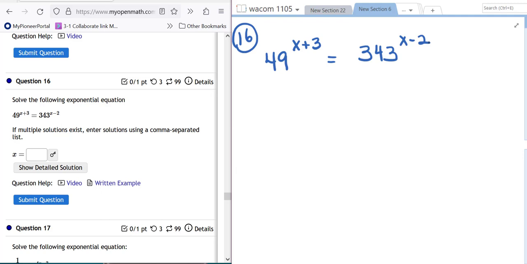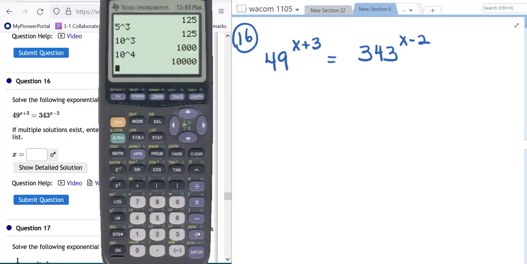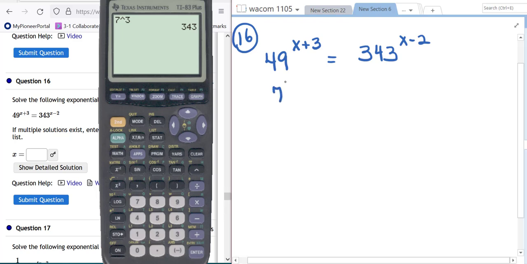Now you have to test, does 7 to some power equal 343? But that really is your only logical choice. So we'll just try 7 to the 3rd. So 7 to the 3rd is the 343. So this is 7 squared and this is 7 cubed.